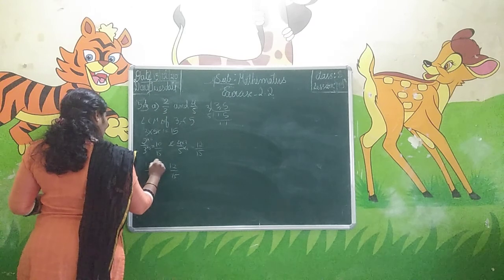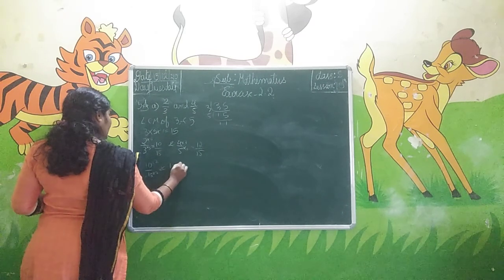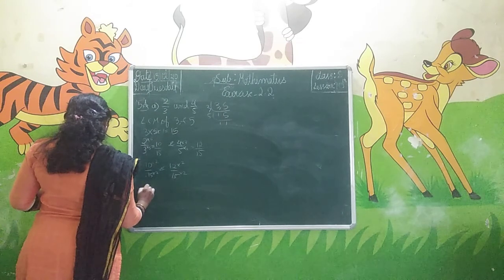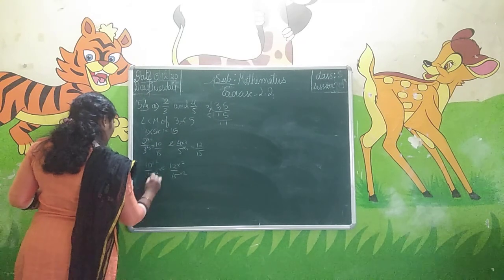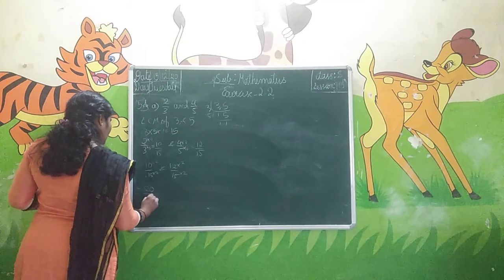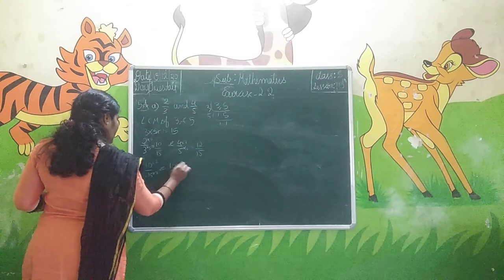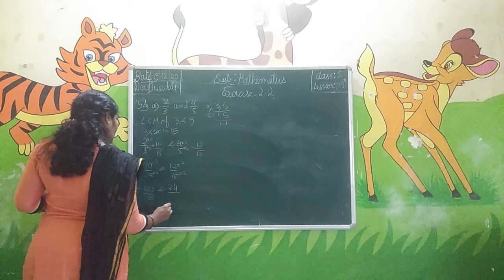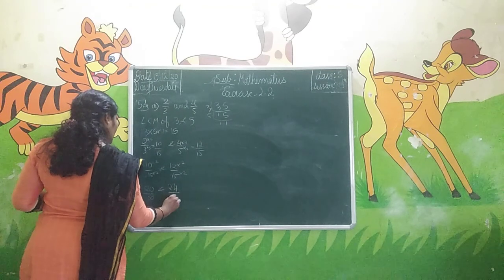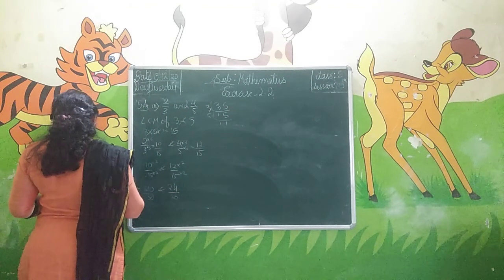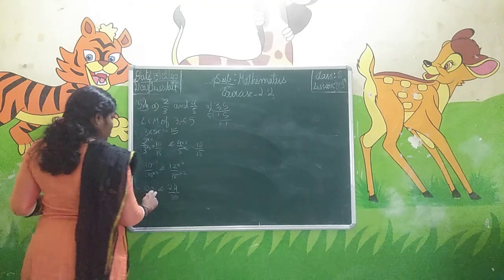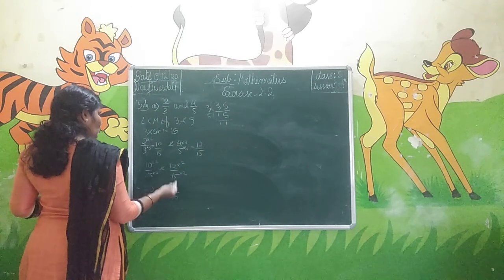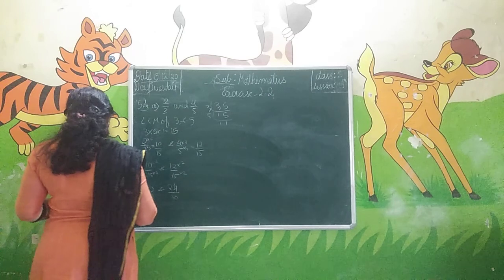We have to multiply with 2 and 2 here, and also 2 and 2 here. 10 2s are 20, 15 2s are 30, and 12 2s are 24, and 15 2s are 30. In this also we will get the differences as only 3 numbers: 21, 22, 23, between 20 and 24.